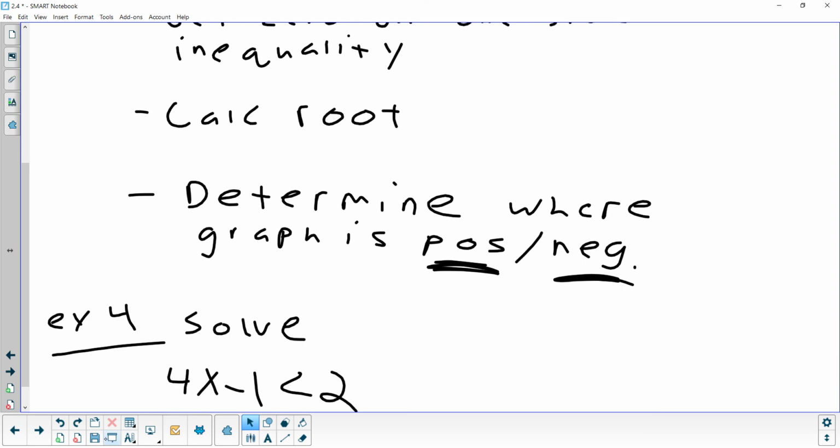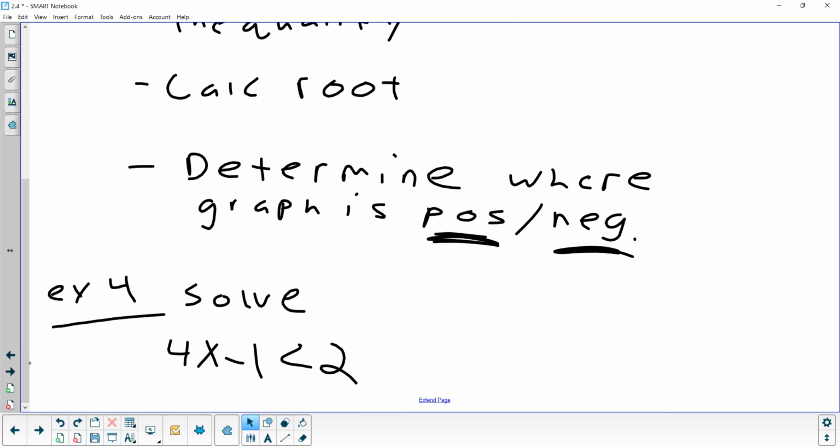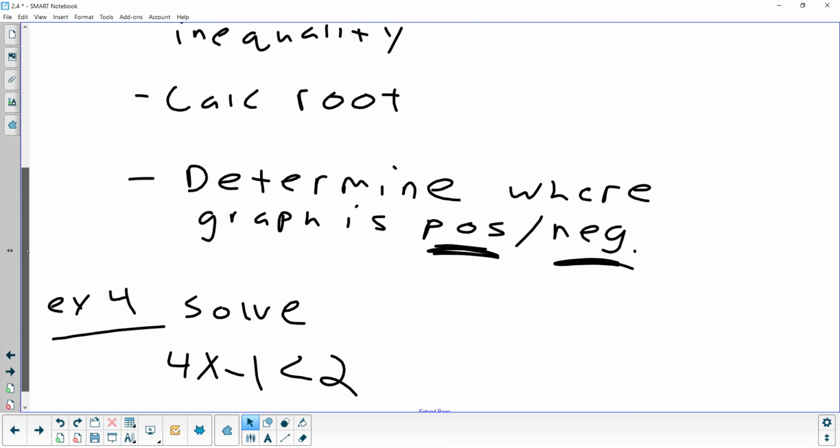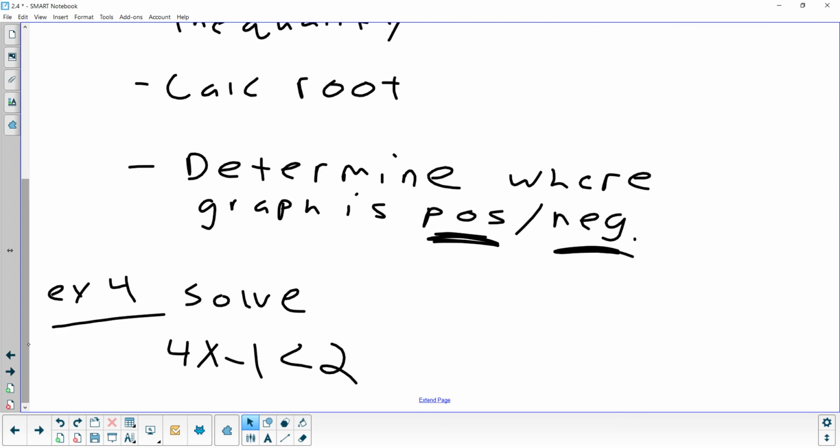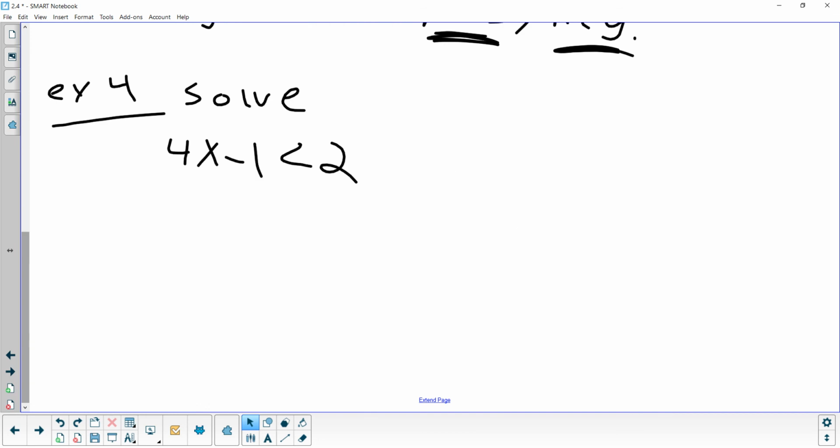So let's do this one. So it says get 0 on one side of the inequality. Francesca, what can I do on both sides here to get 0 on one side? Subtract the 2. Now, look at what this question is asking. Where something is less than 0.